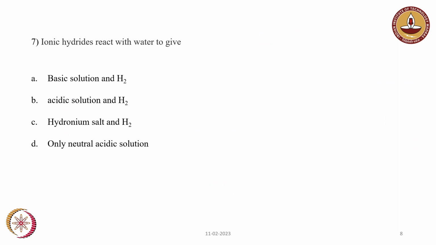Next question is, ionic hydrides react with water to give? Option A is basic solution and H2. B is acidic solution and H2. C is hydronium salt and H2. And D is only neutral acidic solution.